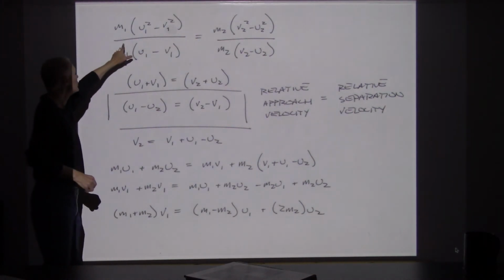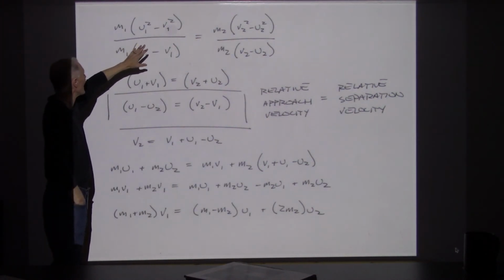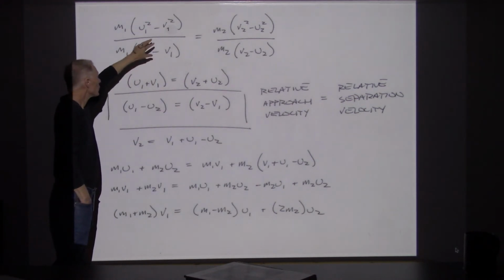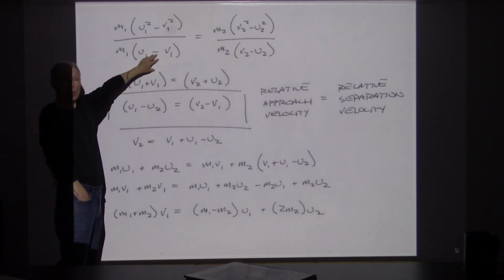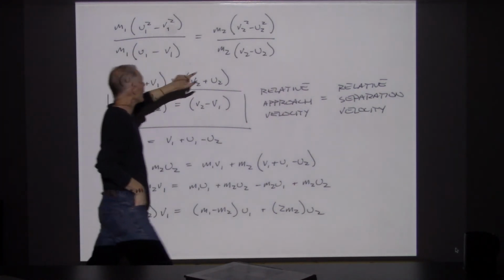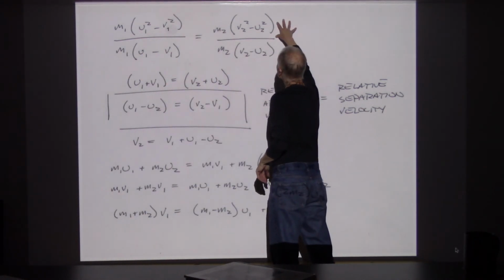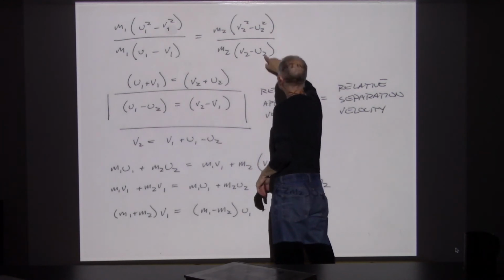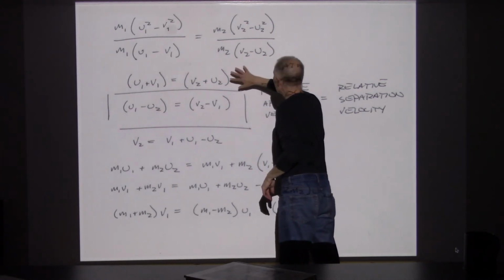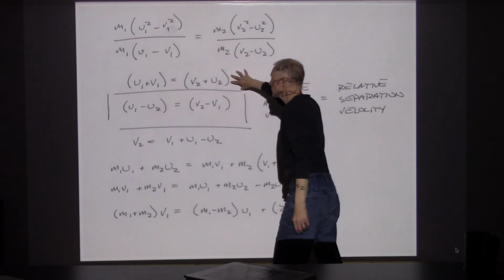So that's going to be U1 minus V1 times U1 plus V1. Well, the U1 minus V1 goes away. And on this side, again, the M2s cancel, difference of two squares, the V2 minus U2 term cancels, and this is all we're left with.